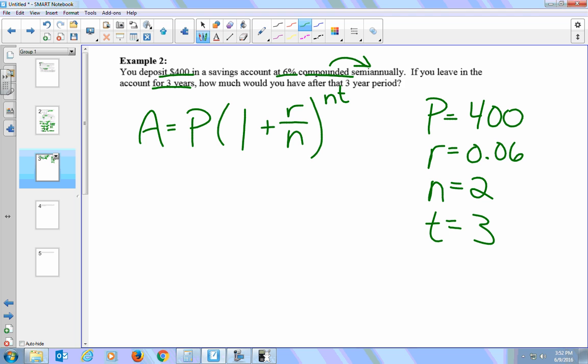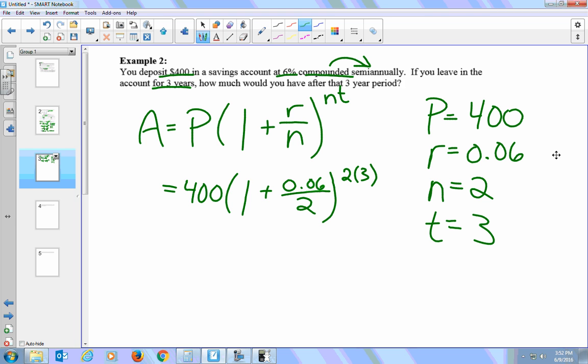So now we just plug in our values for our variables, and we get A equals 400 is our principal. The 1 stays the same. Our rate was 0.06. Our N was 2. And then we had our N was 2 times our T, which was 3.